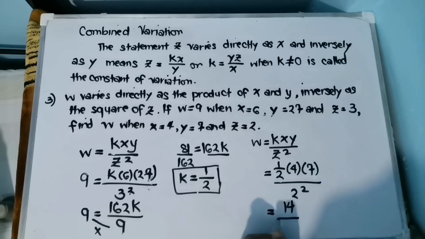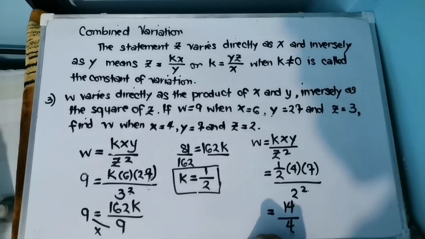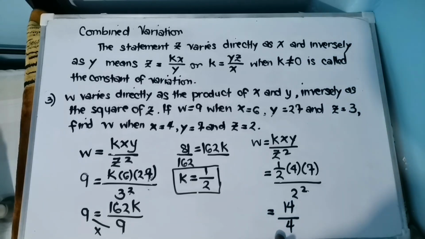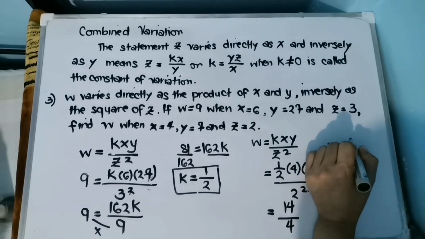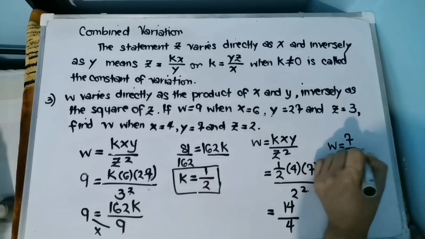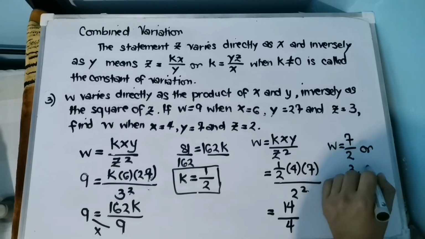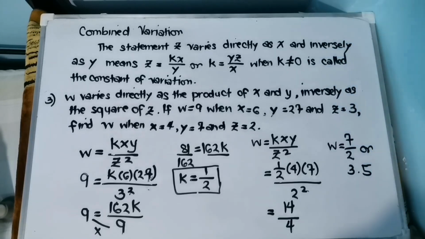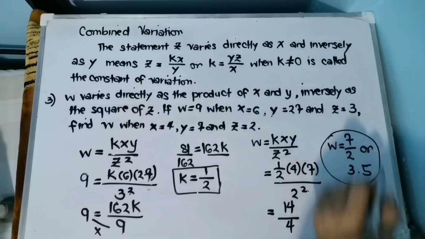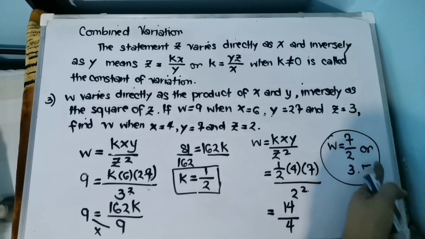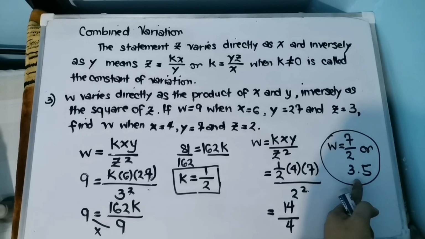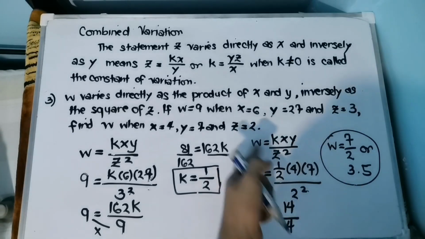And then, over 2 squared is 4. So we have here 14 over 4. So W, lowest term ng 14/4 is 7/2. Or in decimal, we have here 3.5. So that will be our final answer. So W is 7/2 or 3.5 when X is 4, Y is 7, and Z equals 2.